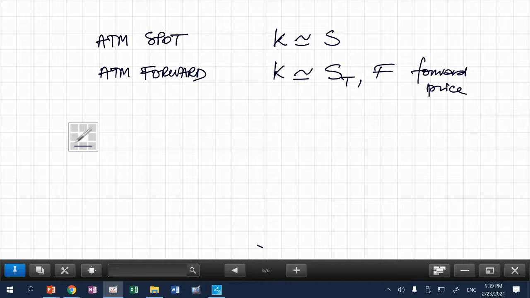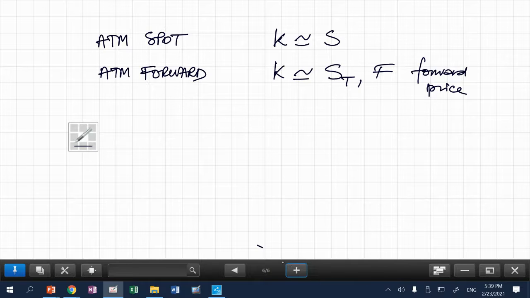In any case, check and verify before you make or lose money out of it. But on average, it's more common to think about at the money forward for European options, more about at the money spot for American, roughly speaking, okay?